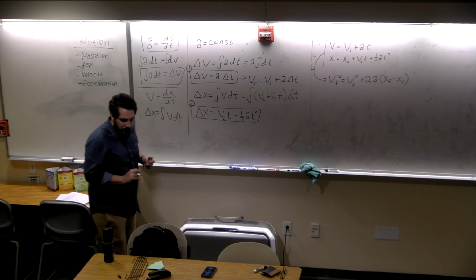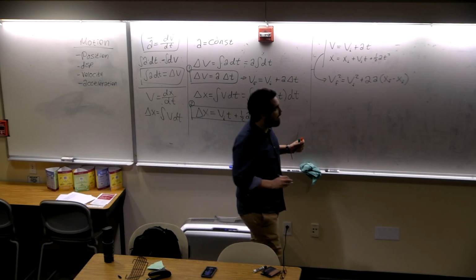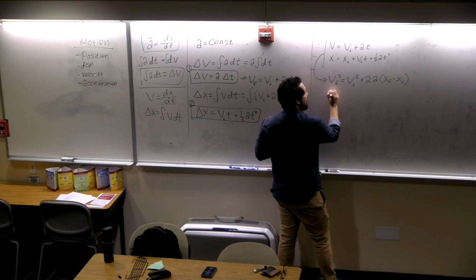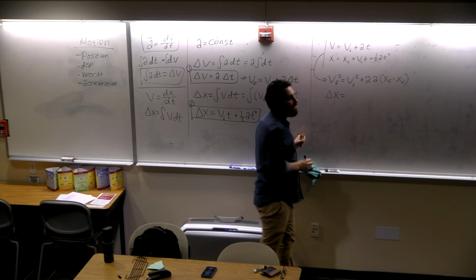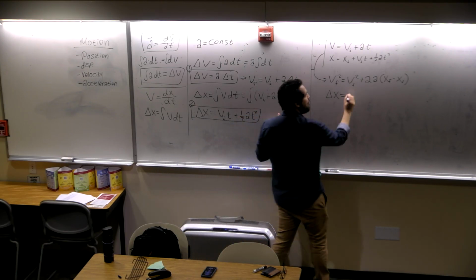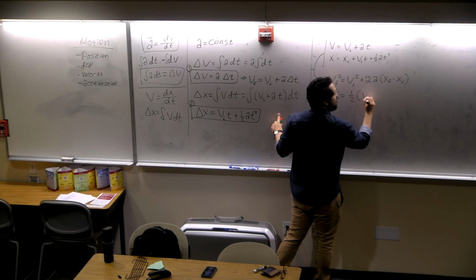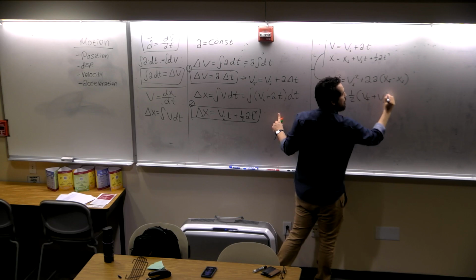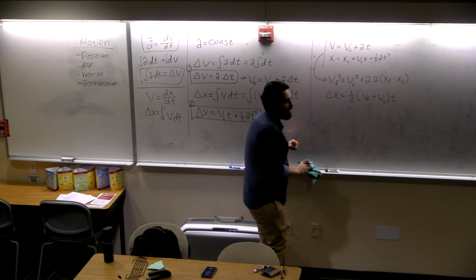You can get other kinematic equations. You can get the kinematic equation that, I'm going to write delta x here, but that's just x final minus x initial, is 1/2 v final, plus v initial, multiplied by time.